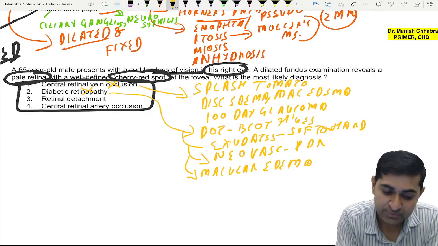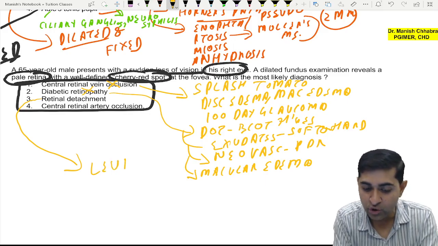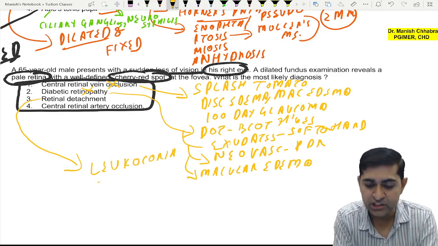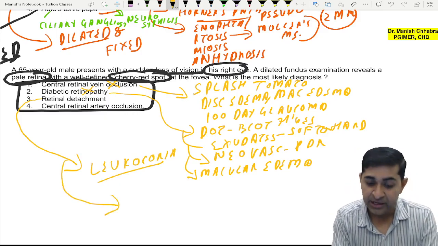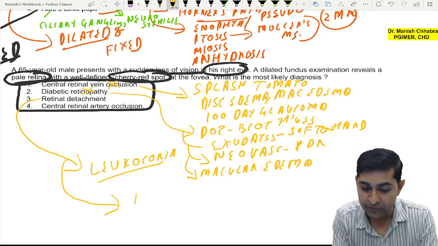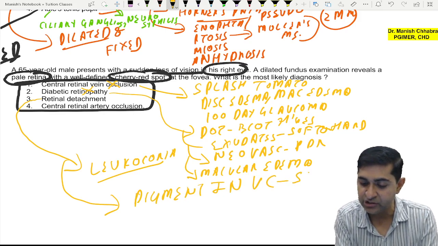Now, retinal detachment. What happens in retinal detachment? There will be leukocoria. Leukocoria is white pupillary reflex due to detachment of the retina. There can be presence of pigment in the vitreous cavity. You call it Shafer sign: pigment in the vitreous cavity.